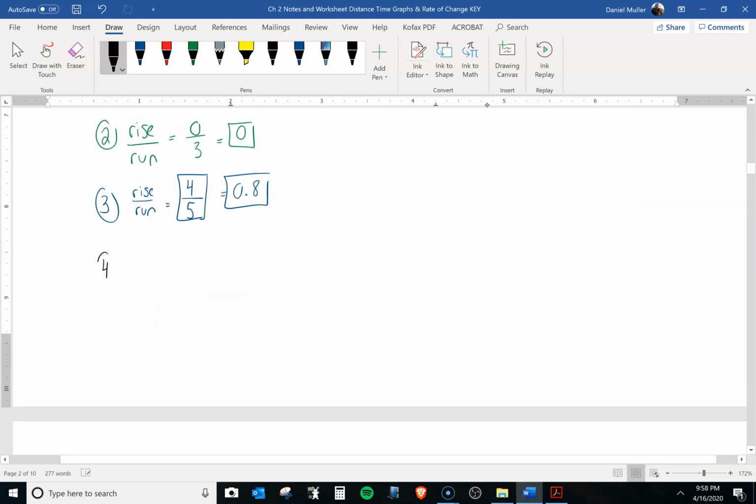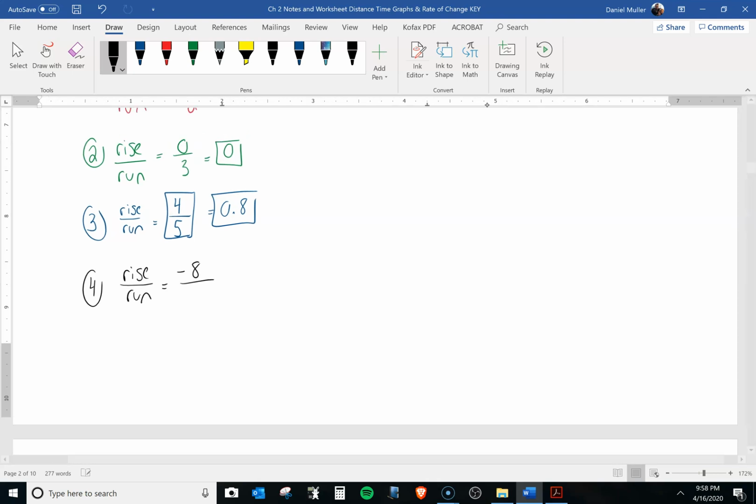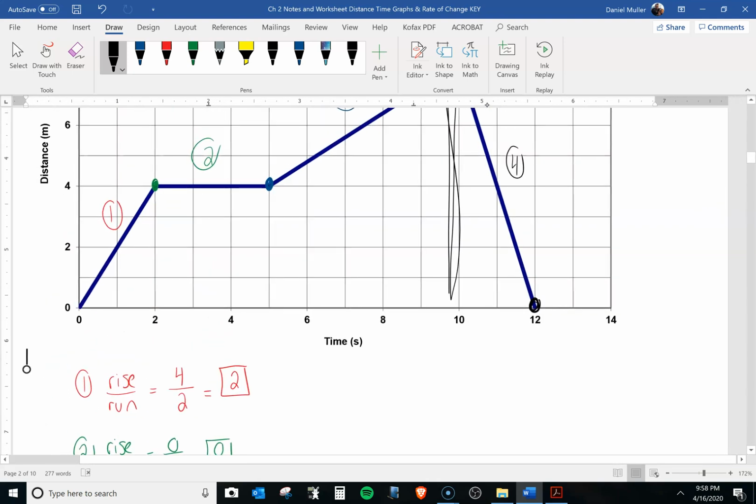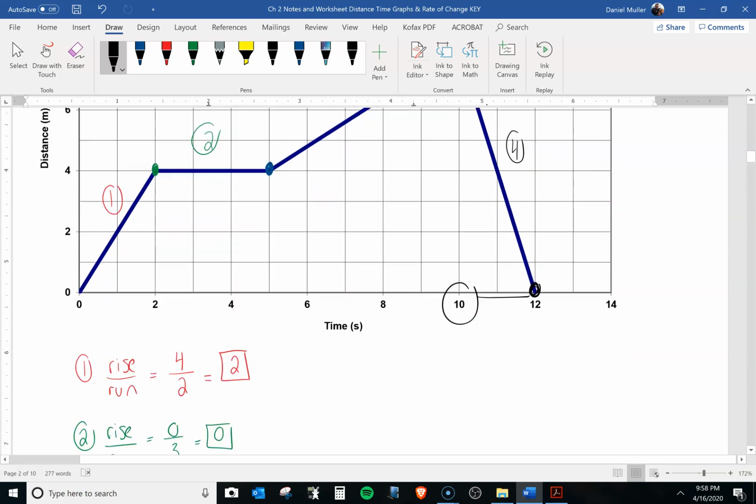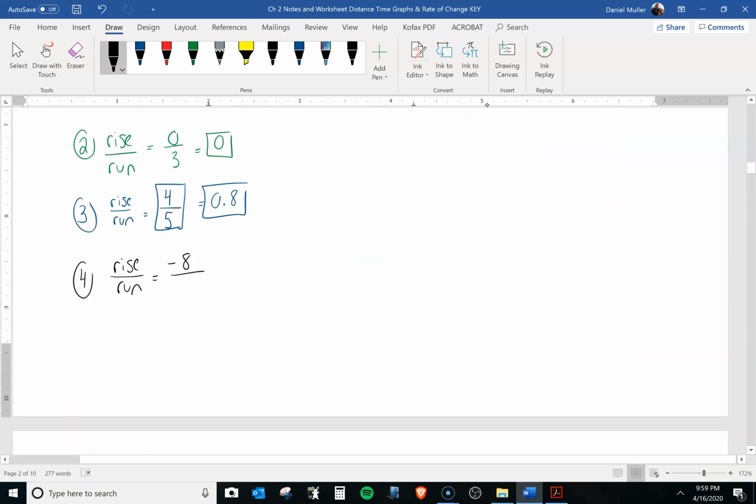So for section 4, we've got a rise and a run, and our rise is -8. And then, how far have we run? So we start here at 10, and we go to 12. So a total run of 2. -8 over 2 is -4.